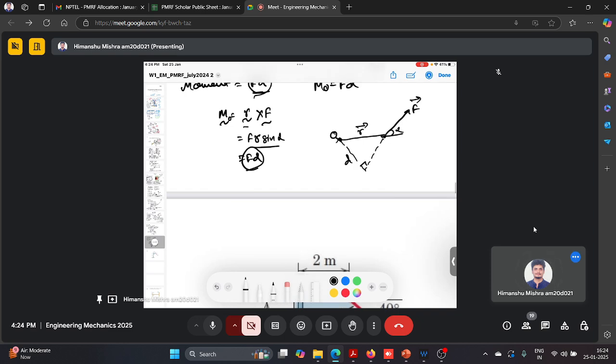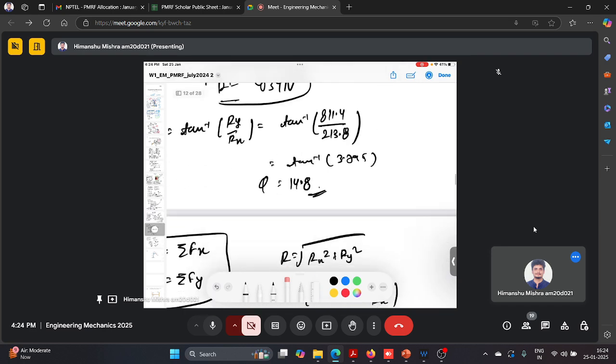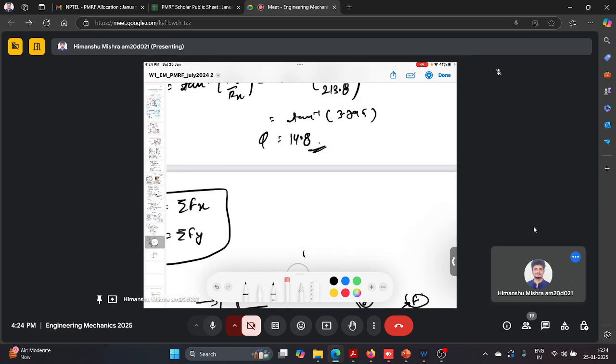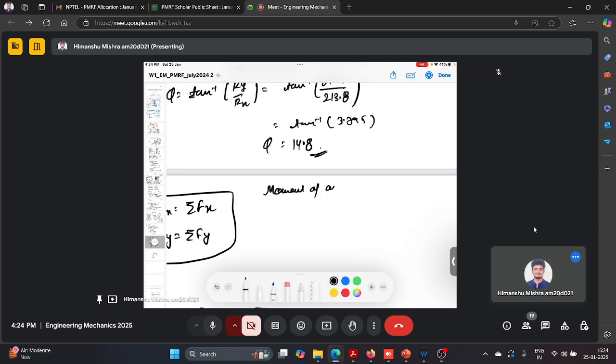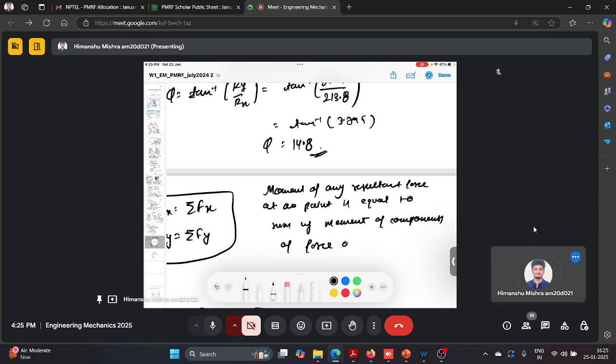Then there is a Varignon theorem which says that the moment of any resultant force at a point is equal to the sum of the moments of the components of force about the same point.